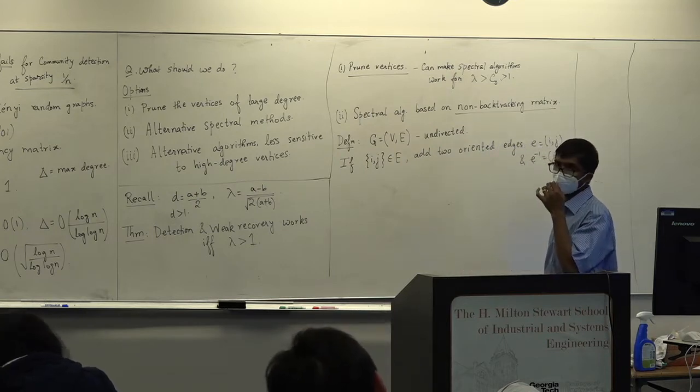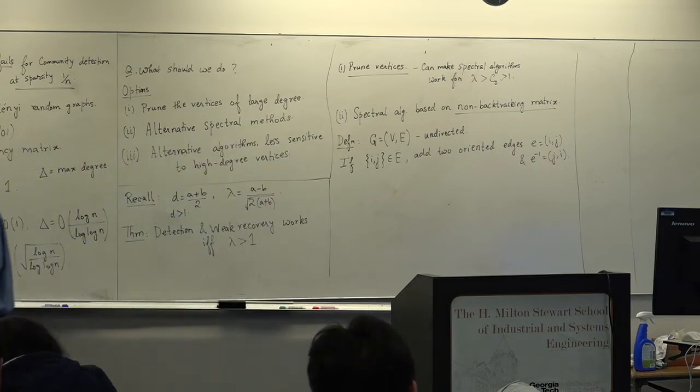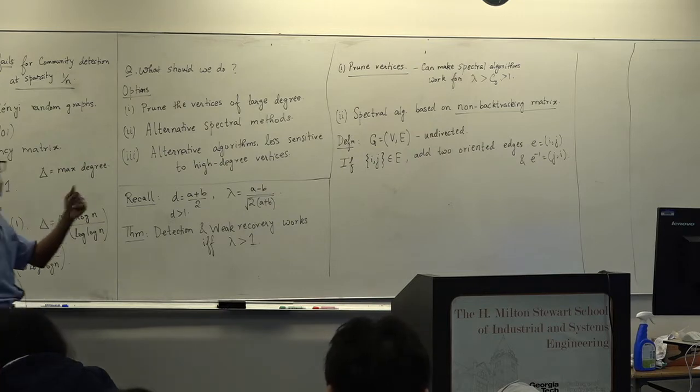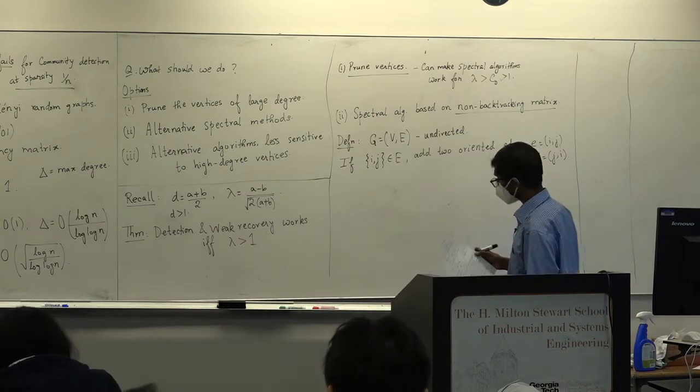So you give me your undirected graph. I take this graph, now I construct a directed graph, where for each edge in my original graph, I add both the directed edges. Okay?